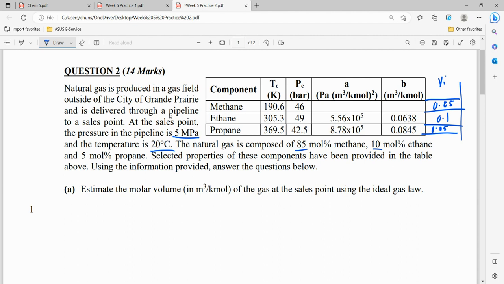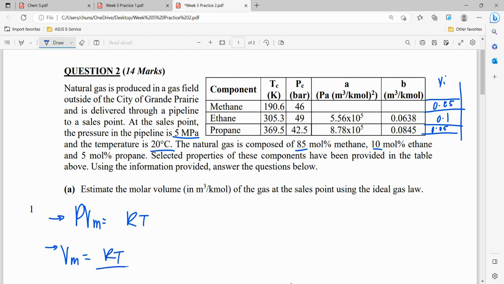Okay, so using this information, answer the questions below. It wants us to use ideal gas law. Oh, sorry, we don't have n because we've isolated for molar volume.